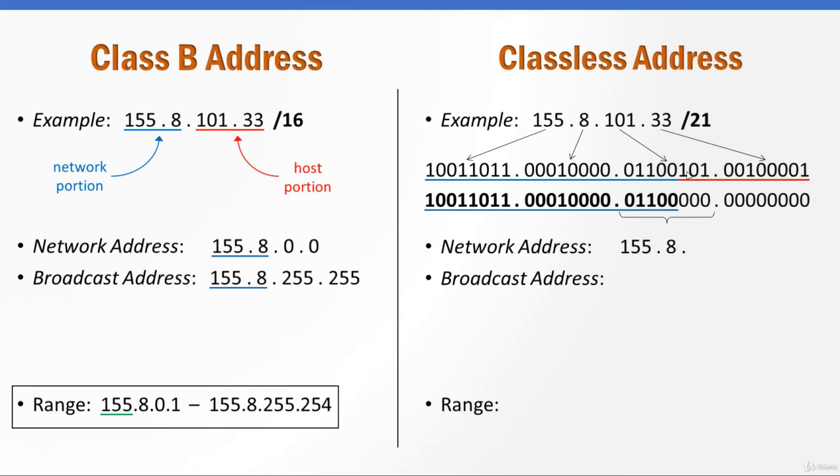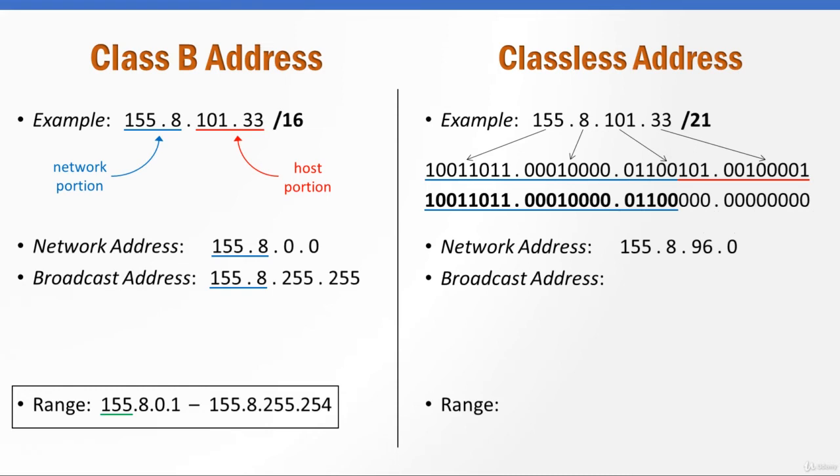So we need to calculate 101 minus 5, and that's going to be 96. Or you can add these 2 ones, which are 64 and 32. Either way, you get 96. And then in the fourth octet, we're going to have all zeros, and that's just 0 in the decimal format as well.